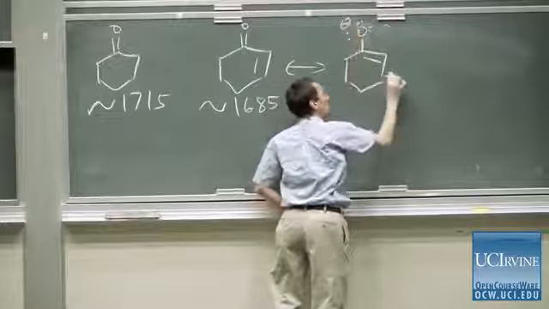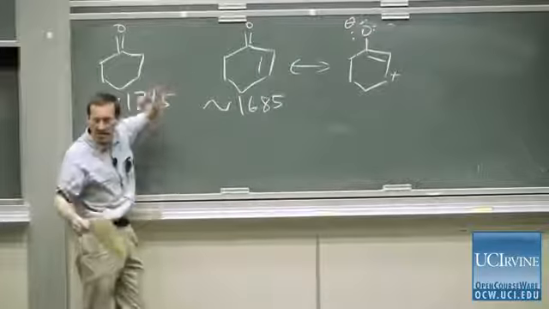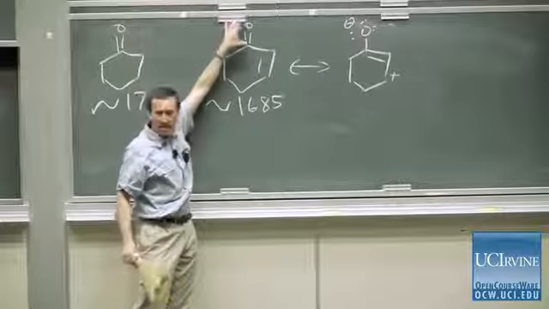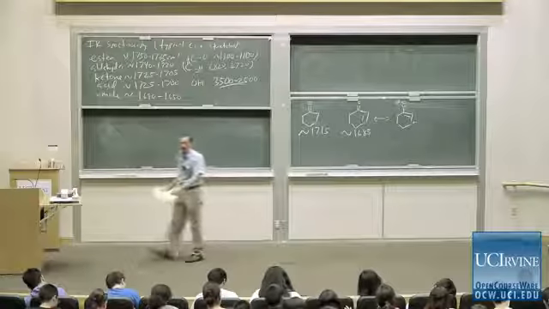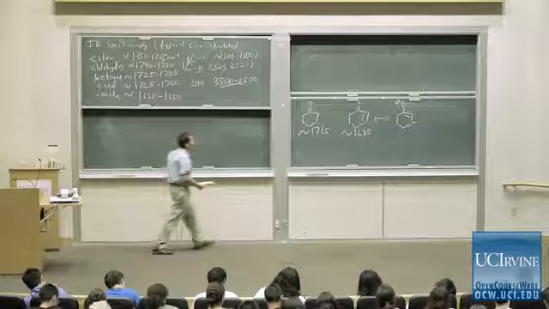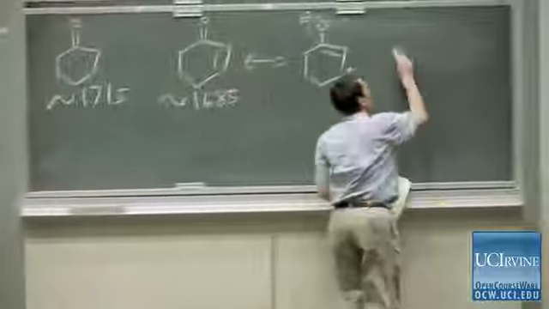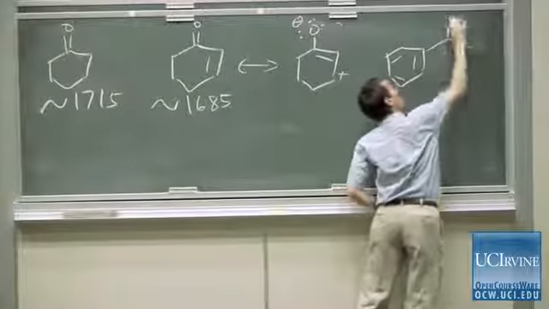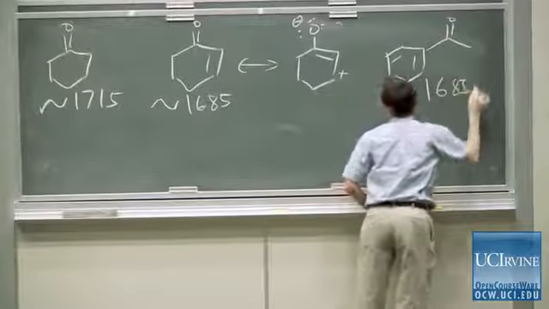It's a minor contributing structure, but it shows you how collectively the various pictures of the molecule end up indicating that the carbon-oxygen double bond isn't quite as strong, that it doesn't stretch at quite as high a frequency. This same type of effect occurs in other alpha-beta unsaturated carbonyl compounds. So for example, if we look at acetophenone, the ketone is also at about 1685 wave numbers.